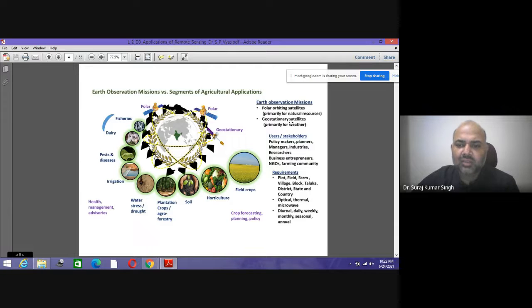So, as per the policy, as per the objective, the different policymakers, planners, managers, industry, researchers, business intermediaries, NGOs, farming community, each and every person is directly or indirectly connected with GIS, remote sensing, geoinformatics.